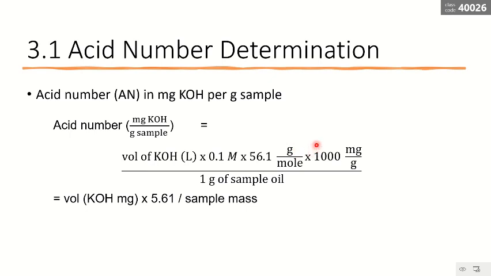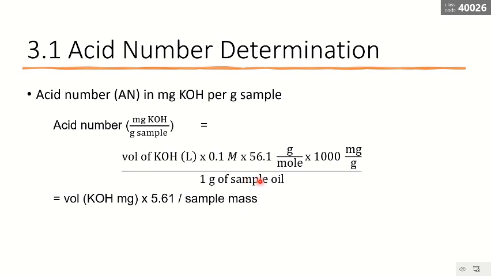If we convert the unit a little bit more, basically plus this part, there will be how much potassium hydroxide in milligram format, or how many milligrams of KOH used, for 1 gram of the waste cooking oil or sample oil.